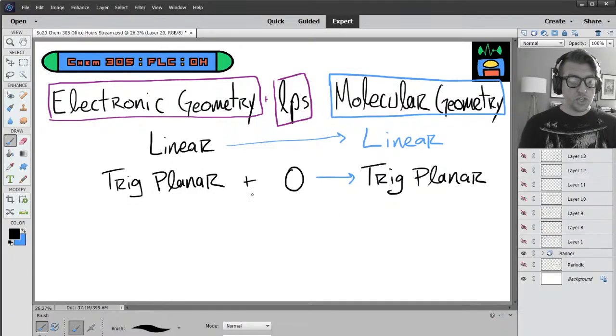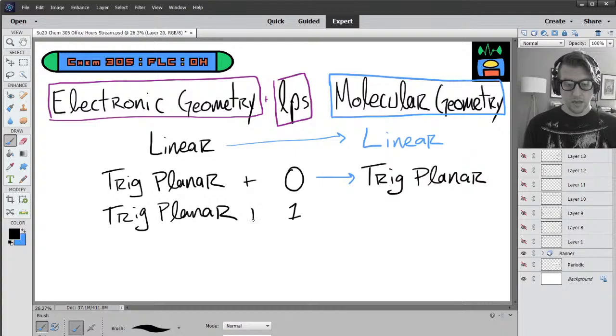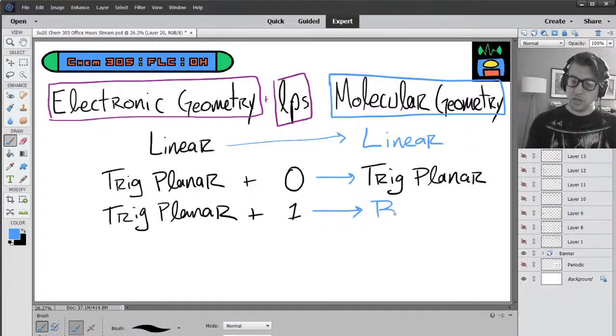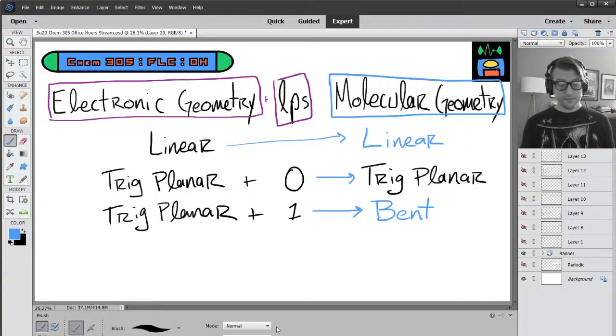It's when you actually add lone pairs to the mix that it changes. So if you're trigonal planar, and you have 1 lone pair on your central atom, this is where things change. Your molecular geometry ends up bent. It's called bent. So these are the first 3.